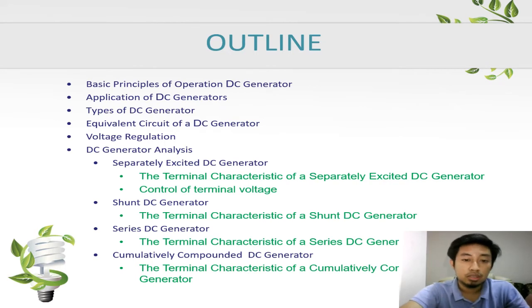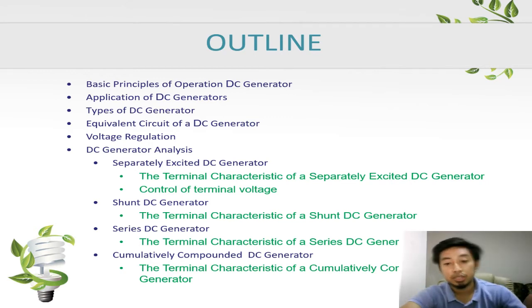This is the outline. First, we want to learn about the basic principle of operation, the application of the DC generator, the types of generators, the equivalent circuits of generators, and voltage regulation.